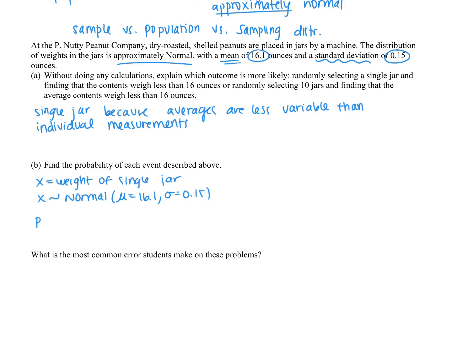We want the probability of a single jar being less than 16 ounces. Since you have your calculator out, can you do normal CDF right now and figure out what that is, please? So go to normal CDF. Figure out what is the probability of a single jar being less than 16 ounces.